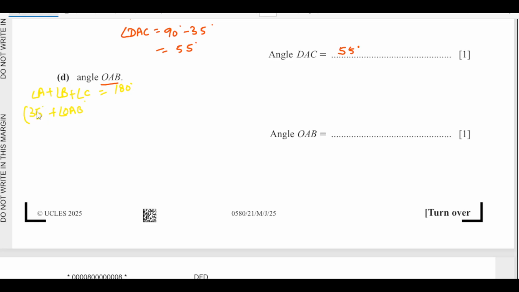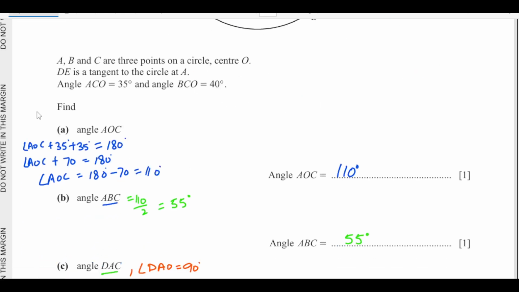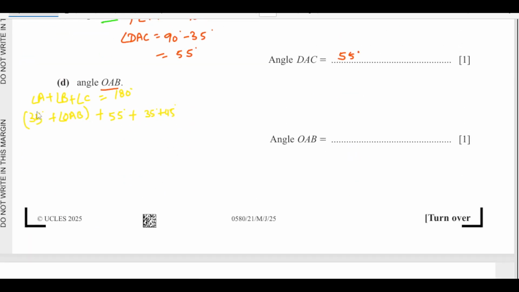This is angle A. Angle B is 55 and angle C is 35 plus 40.